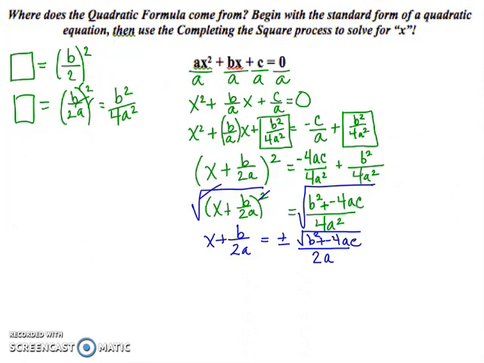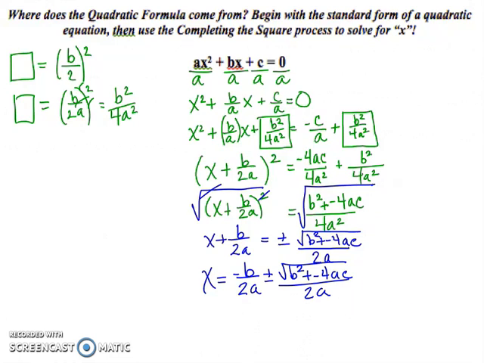So the last thing that I have to do is move this b over 2a over to the other side. So I'm going to subtract it. That's going to give me x equals negative b over 2a plus or minus the square root of b squared plus negative 4ac all over 2a.